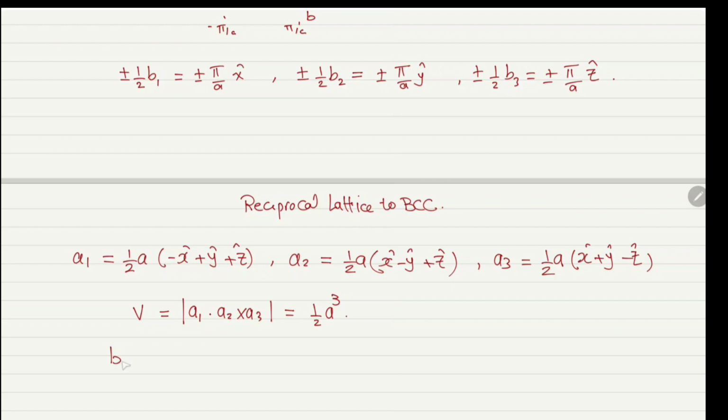Now for B1, we just substitute this back into the B1, B2, B3 equations. You will find B1 equal to 2 pi over A times y hat plus z hat, B2 equal to 2 pi over A times x hat plus z hat, and B3 equal to 2 pi over A times x hat plus y hat.